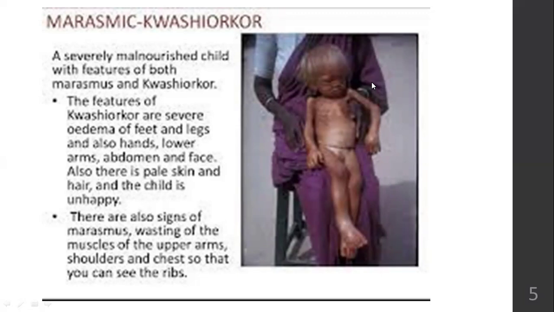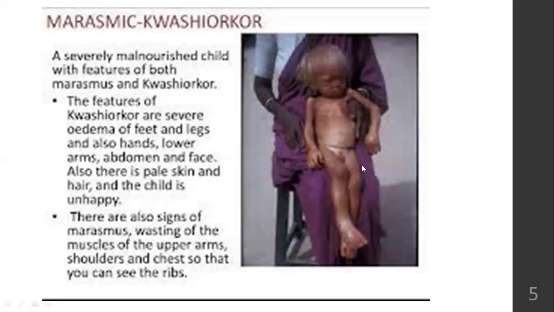Swelling in the ankles, abdominal distension because of ascites. And swelling in the hands, arms, the palm region. But the remaining part of the hand is very thin, very low in muscle mass.